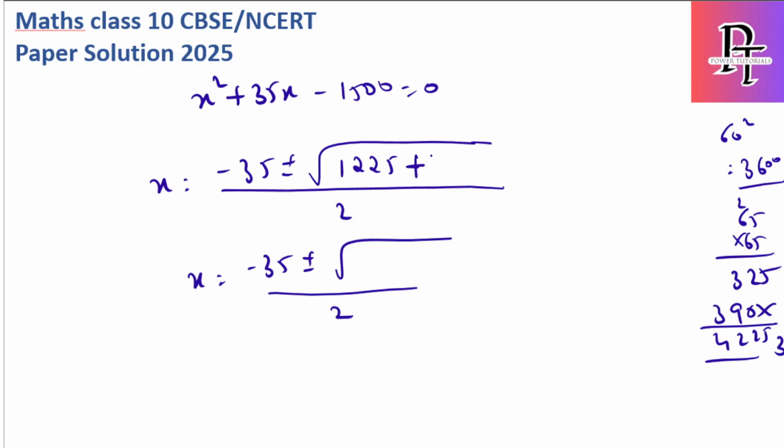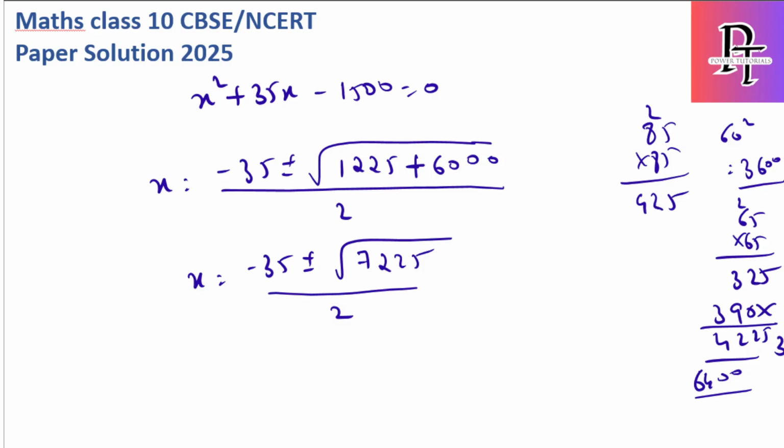So now 4 into 15 is 600, sorry, 6000, and it becomes 7225. Okay, let's find the square root. 7225. 80 square is 6400. So let's check for 85 now. 5 5 is 25, 5 8 is 40, 42, 8 5 is 40, 4, 8 8 is 64, 68. Yes, we got the exact answer, which is 7225.